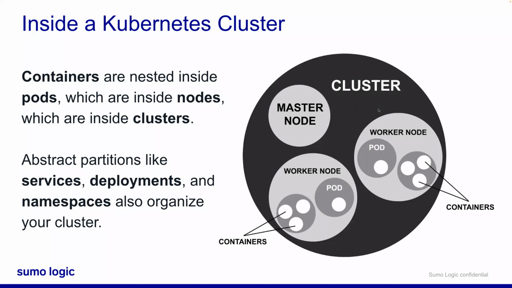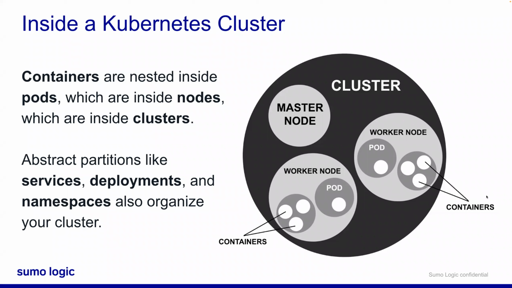Now, a master node is going to be the machine that's going to manage the worker nodes and distribute tasks. It's essentially going to act as a primary, and sometimes is even referred to as the primary. Below the master node, we have a worker node, one of the machines that does the work of running the software, sometimes called secondary.